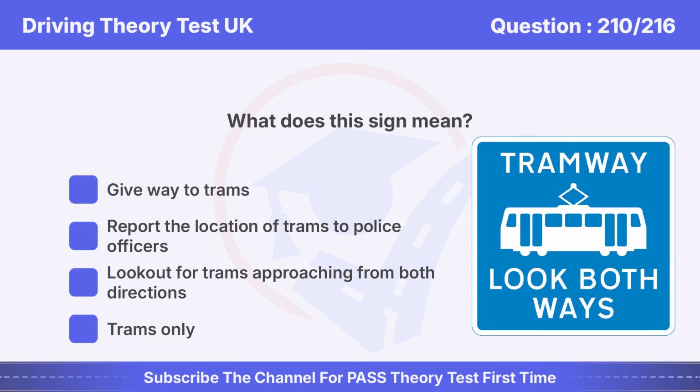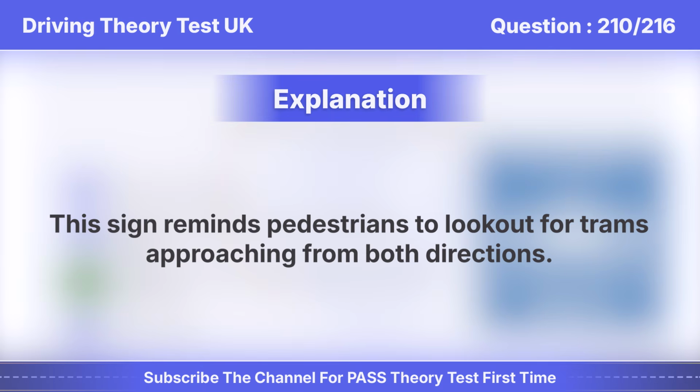Question 210. What does this sign mean? Answer is C. Look out for trams approaching from both directions. This sign reminds pedestrians to look out for trams approaching from both directions.